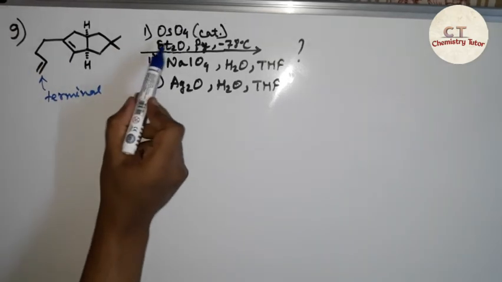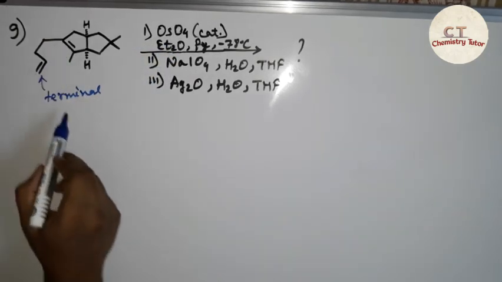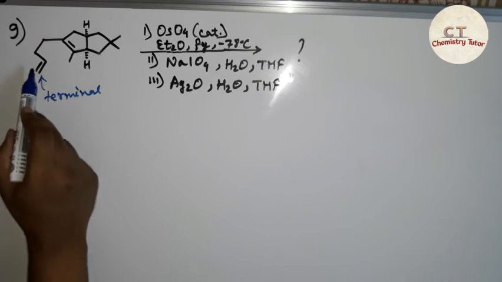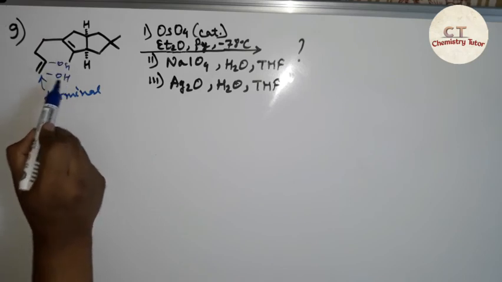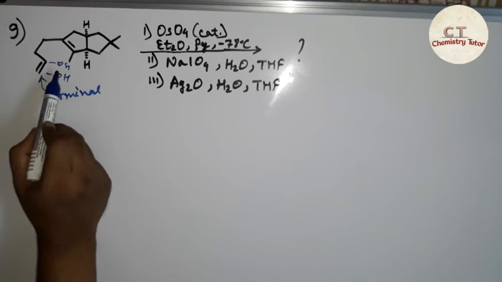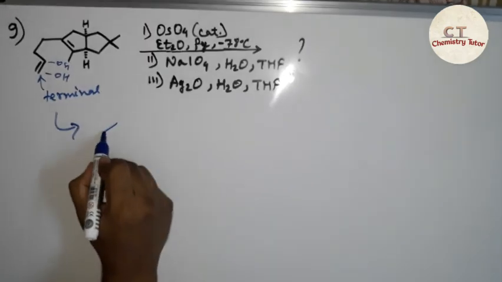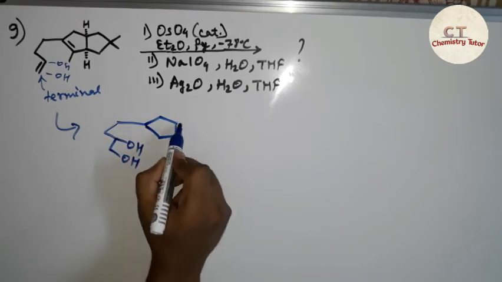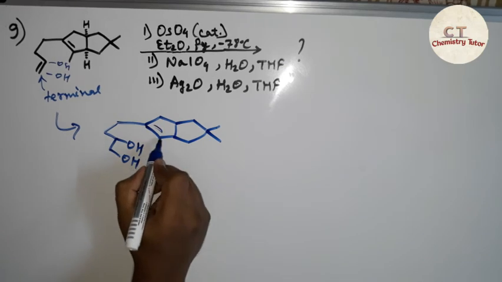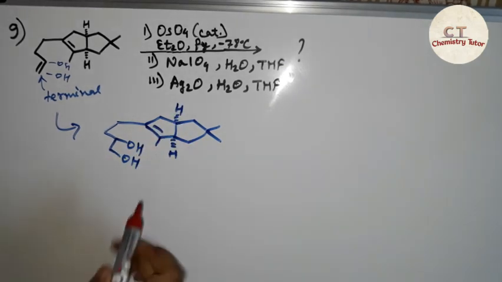So whenever osmium tetroxide is given and you have a choice in selectivity, the dihydroxylation means 2 OH groups are going to get attached at the terminal alkene, and it will give us this product formed in the first step.